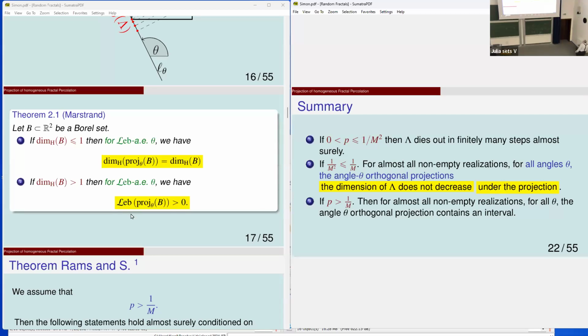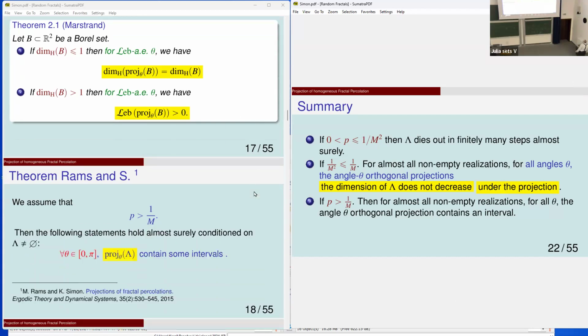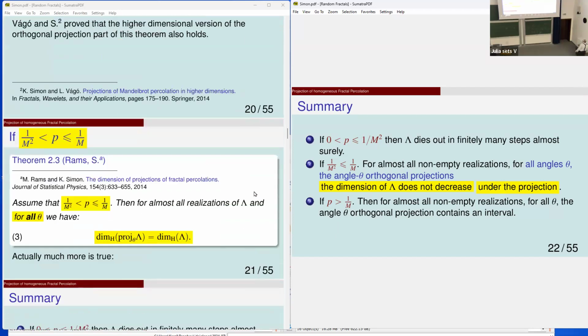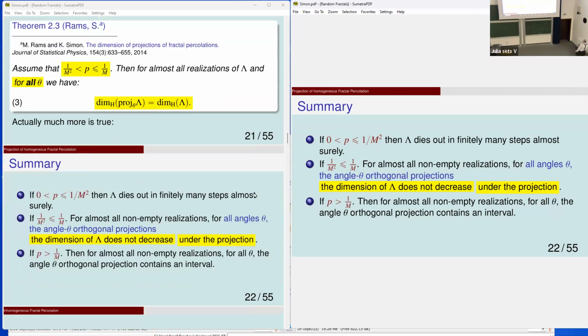So this is the past, what we did long ago, but then I became interested in what happens if you add a certain amount of inhomogeneity.